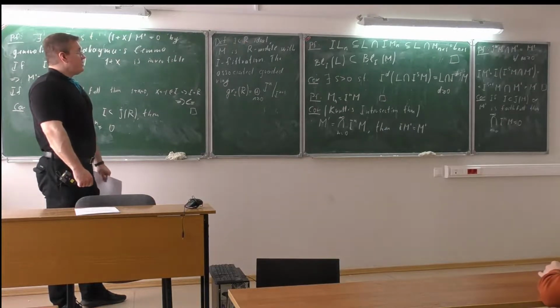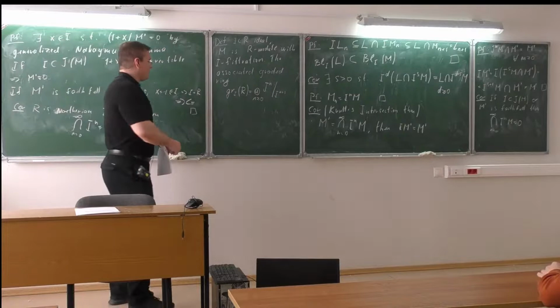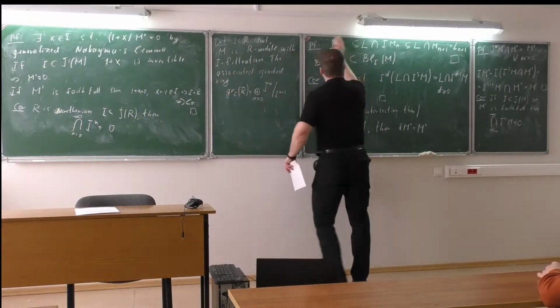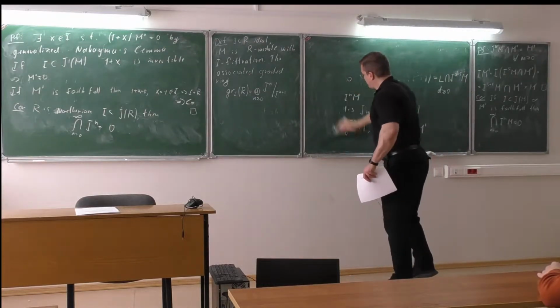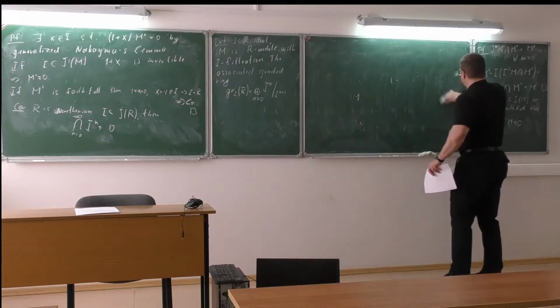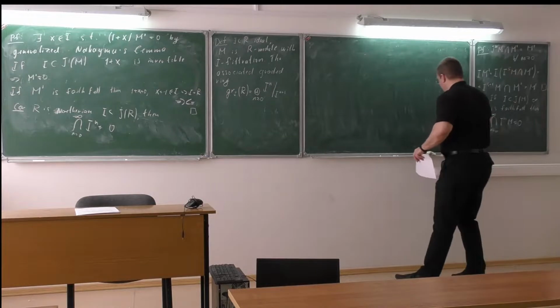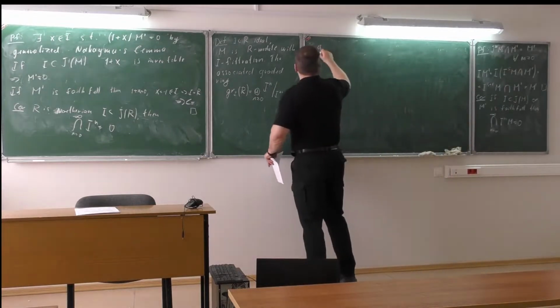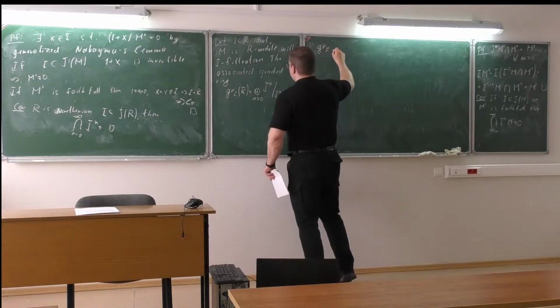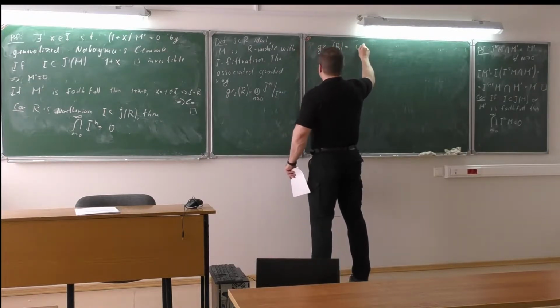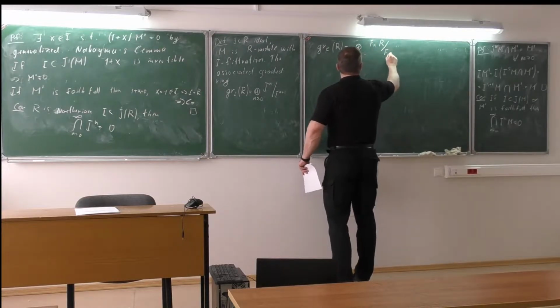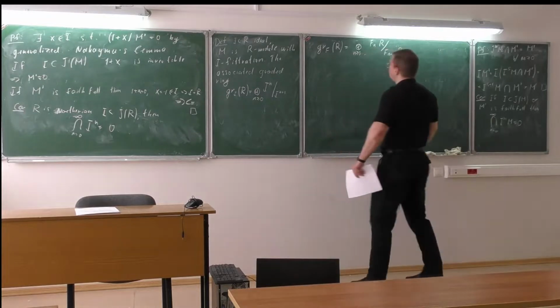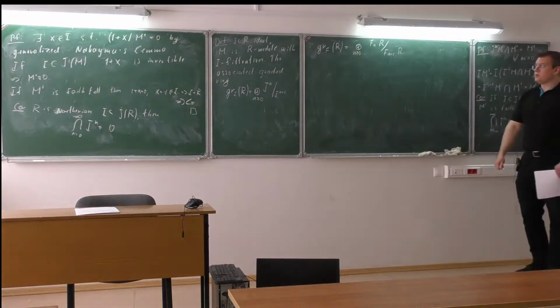You take an ideal. Well, in general, if you return to this general condition where you have just any filtration on the ring, depending not just on an ideal but on the filtration, on any filtered ring you take the sum of F_n R modulo F_(n+1) R. In general, with any filtered ring you can associate a graded ring using this.